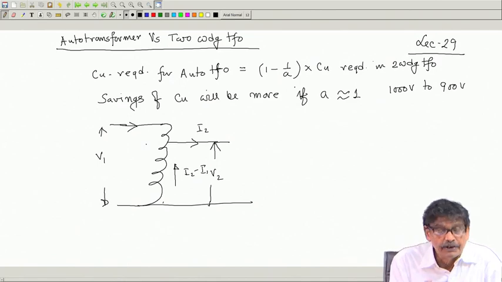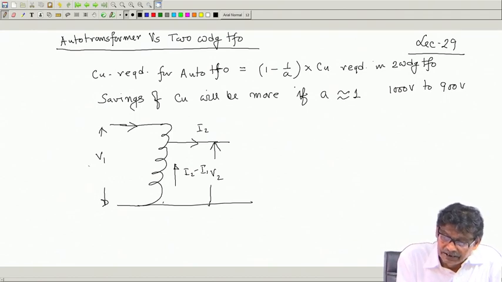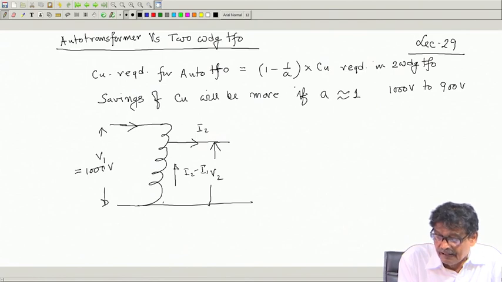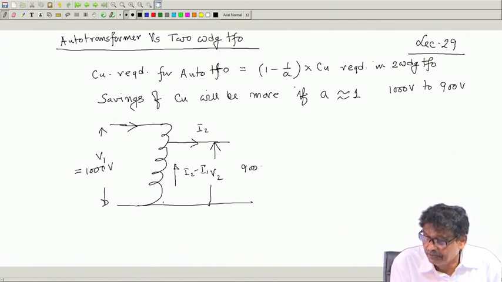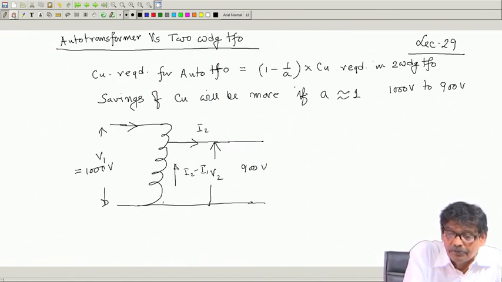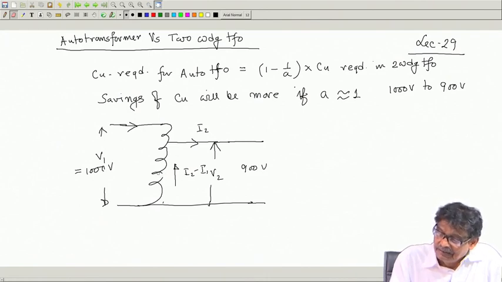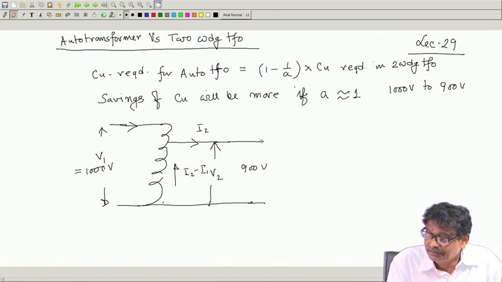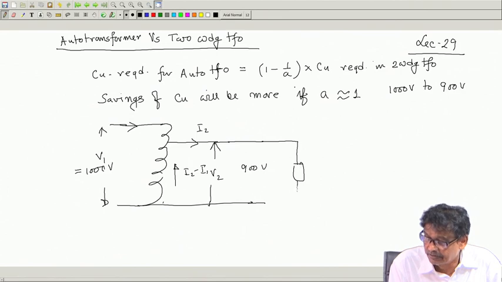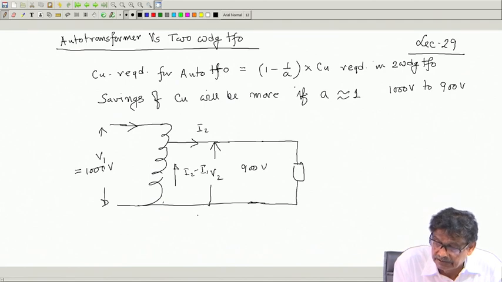The problem of isolation you cannot avoid, that is there. But look, if this is of the order of 1000 volt and your load requires 900 volt, and now an open circuit takes place here in the common part of the winding, then the voltage across the load will certainly not be 900 volt, it will shoot up via this path.